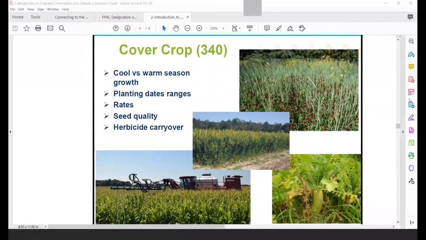But also we need to think about the energy needed to make those herbicides. Any chemical process like that takes a lot of energy to make herbicides. So if we're reducing the amount of herbicides we're using, that is an energy savings. Also, if we are using legume cover crops, we reduce the nitrogen rate.